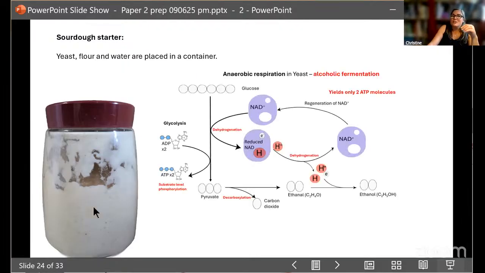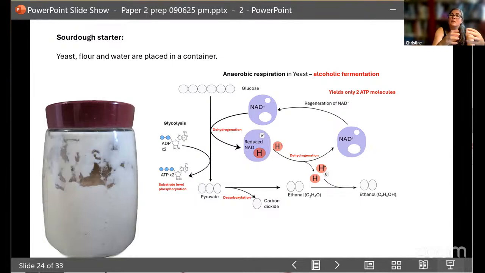But one of the things I thought was really fascinating is that with sourdough, you could look at the fact that it's anaerobic respiration. If it's in a container, once the oxygen level has decreased because it was aerobically respiring, and there's no more oxygen because you are batching it in a sealed container, it's going to switch from aerobic respiration to anaerobic respiration.